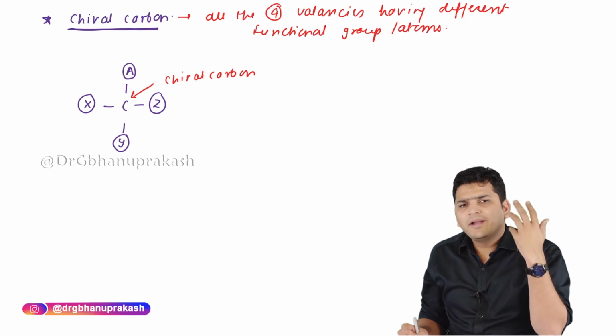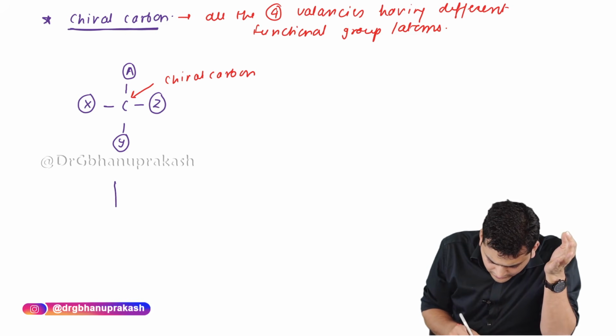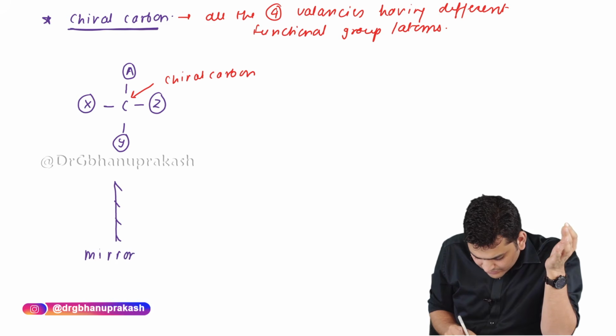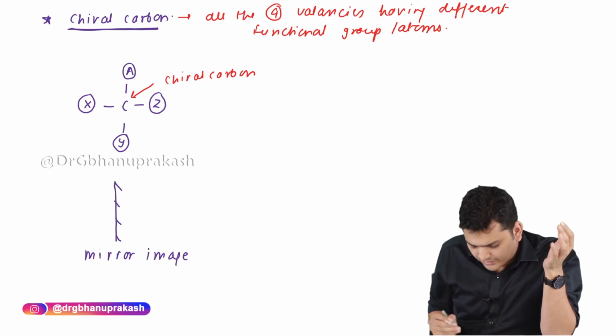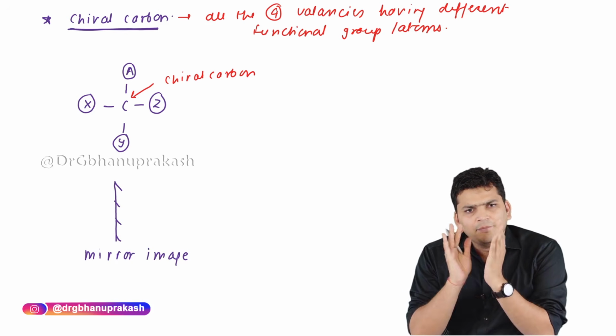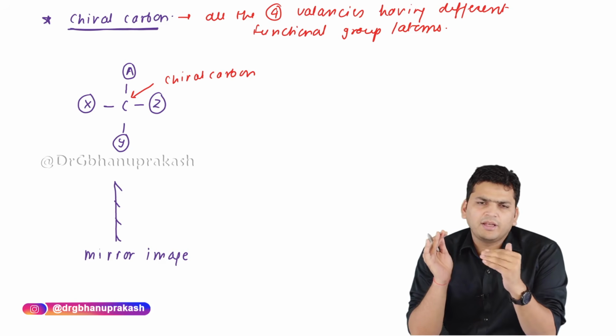Now, why is this chiral carbon important? You may have heard that there is something called mirror image, or the optical isomers. If we want to make a mirror image of any molecule, the mirror image or the optical activity depends on whether the molecule contains a chiral carbon or not.